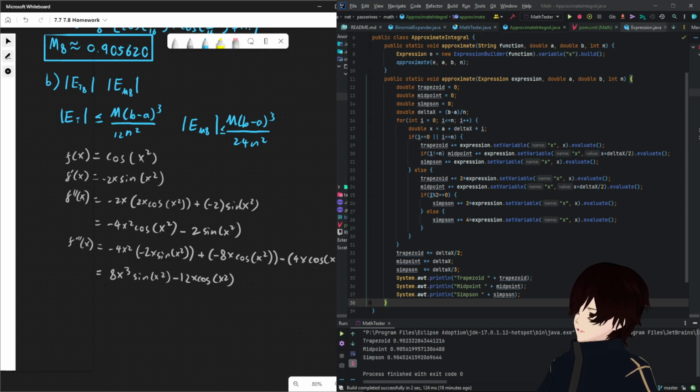I'm going to see how this looks in decimals. Give me a slight idea. Cosine x squared, that part makes sense.